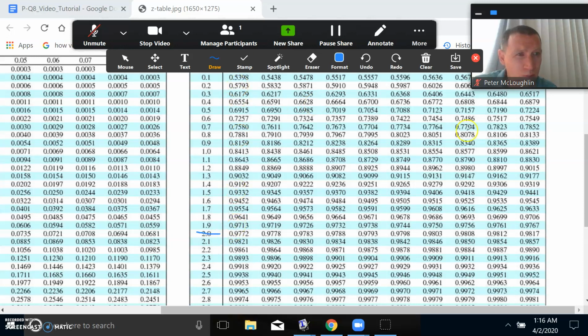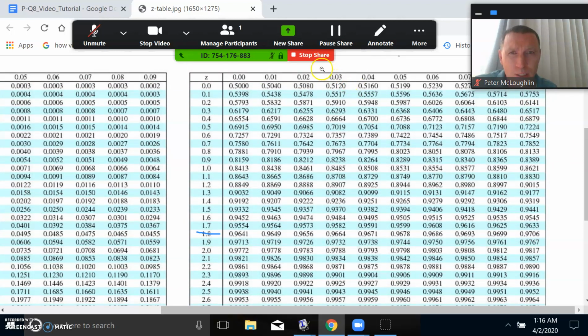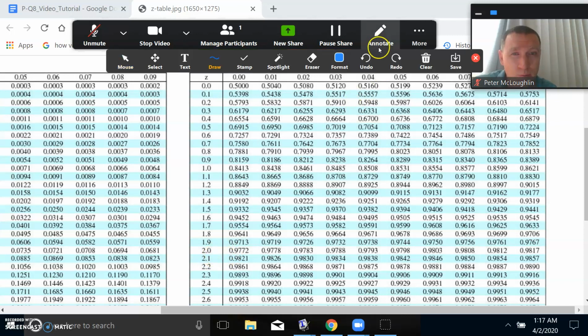So the number is 2.0, so you have the 2 here, 0.0, so it's going to be just coming off this guy, and then coming down up here. Look at this guy here. So it'll be 0.9772.